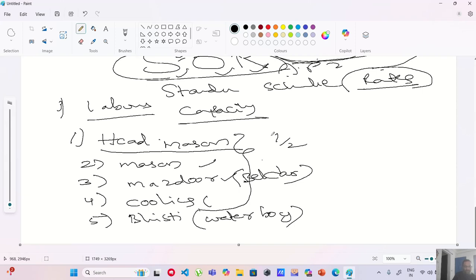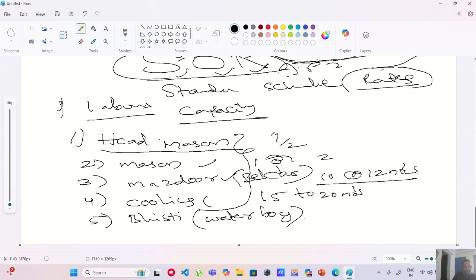And next, coming to the masons, one or two persons are required for monitoring or to complete this particular work. And next one, Mazdoors, 10 or 12 numbers are required to complete that cement concrete in foundation.